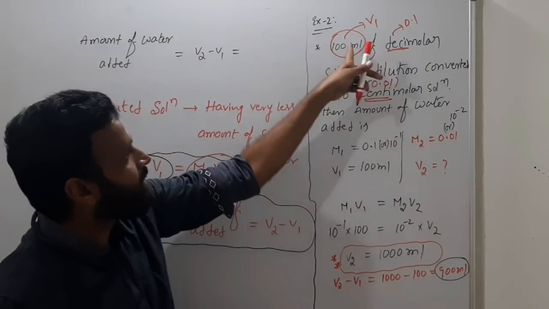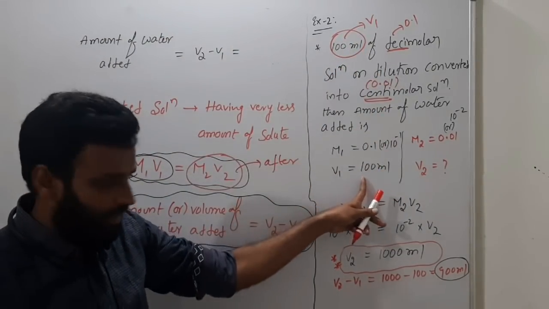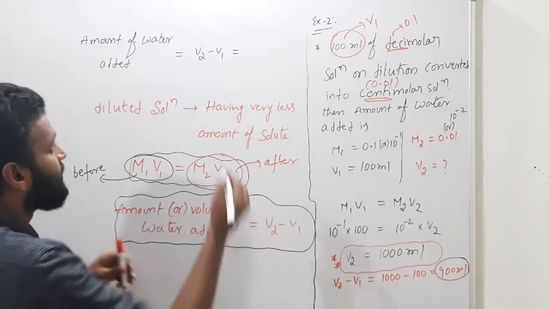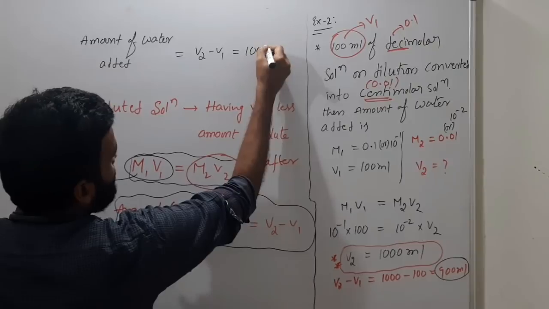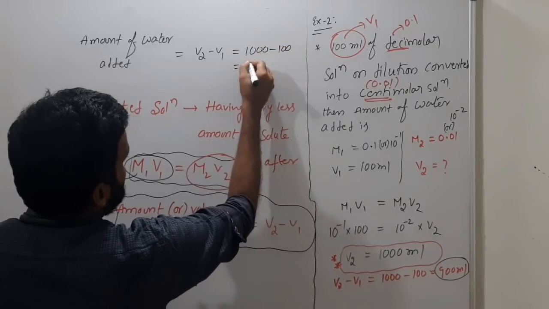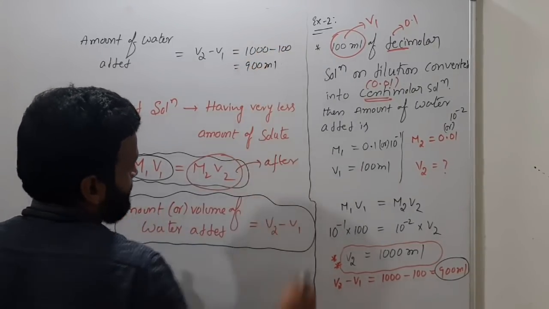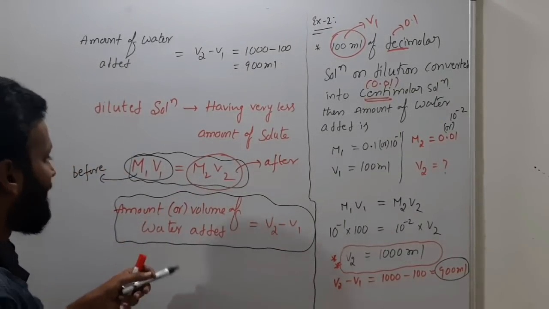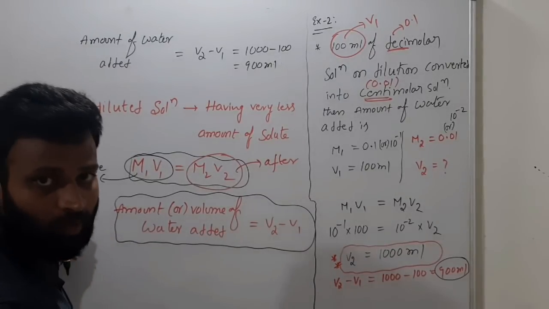What is V1? 100. What is V2? You got 1000. So it's 1000 minus 100, that means 900 ml. That's why I showed you how to calculate V2 minus V1.